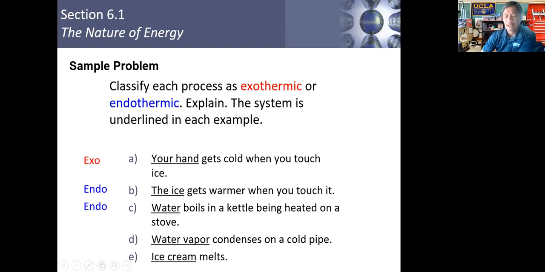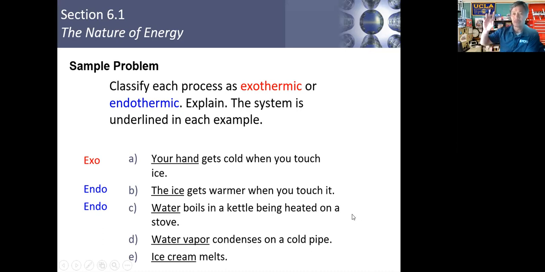Water vapor is condensing. I'd be interested to find out how many of you were able to get this. But in order to get water vapor to condense, and make sure you understand this, you have to drop the temperature. That means the water vapor is going to be losing heat, so that's going to be an exothermic process as well.